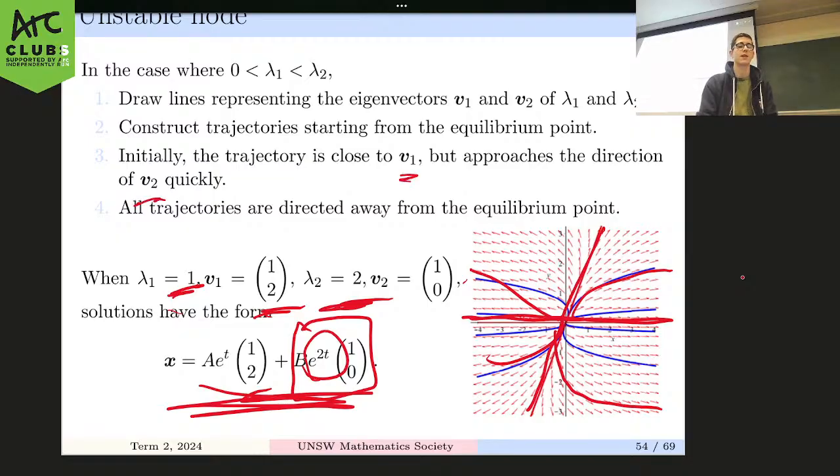Okay, so when you're drawing your phase diagrams, I remember Chris also made a good video on phase diagrams that you might want to review. Make sure you draw your eigendirections and then some example trajectories.